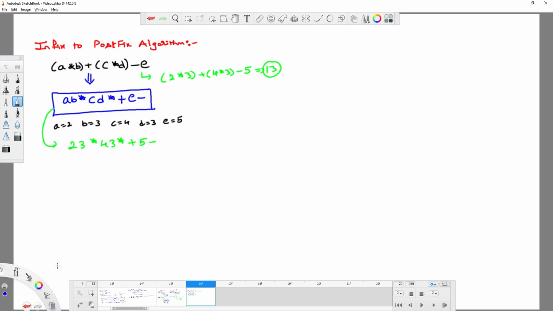In order to solve this, I will take one stack, guys, and you need to evaluate from left to right.